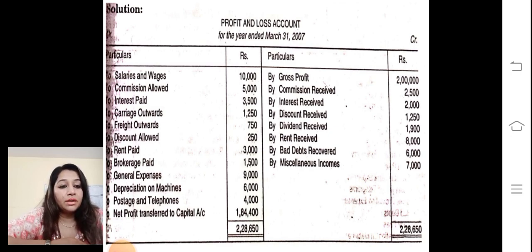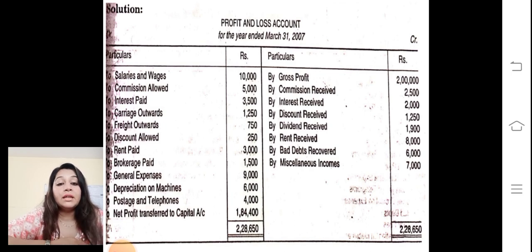So we will total it, the total of both sides should be same, the highest total will be written as the total amount, 2,28,650, and the balancing figure is coming in the left side. It means the credit side is more than the debit side. If the credit side, the income side, is more than the debit side, the expense side, it means we are having net profit.